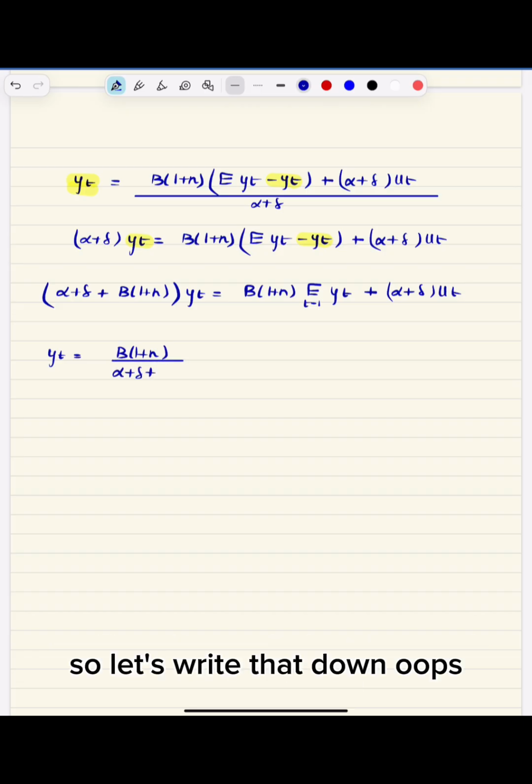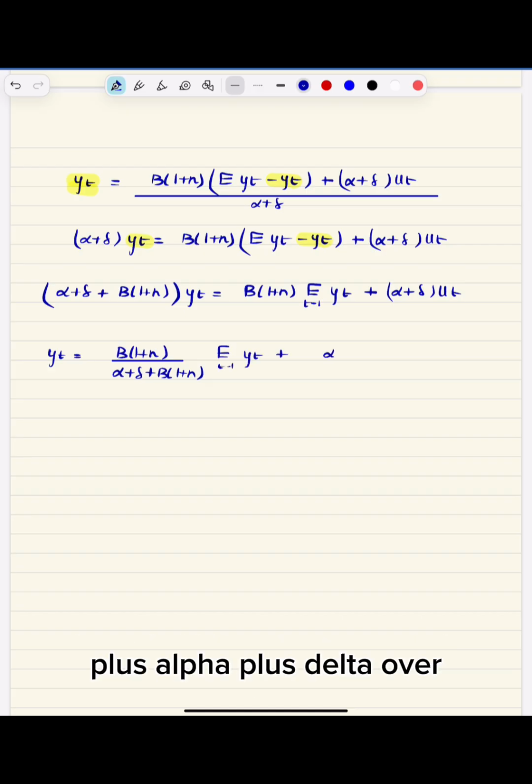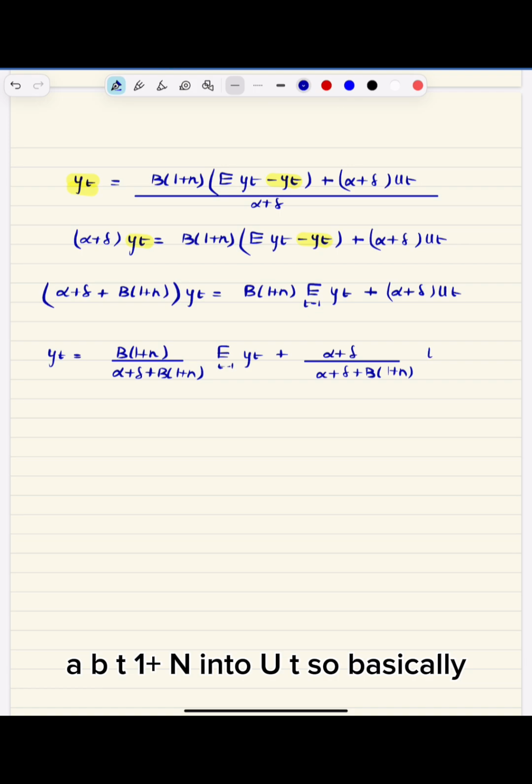So let's write that down. Beta 1 plus n into the expected value of income plus alpha plus delta over beta 1 plus n into ut.